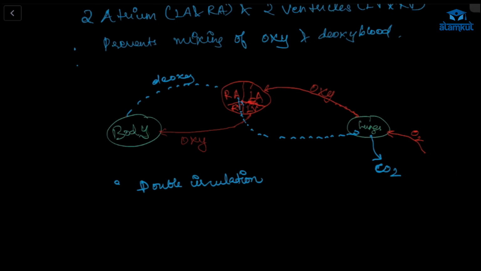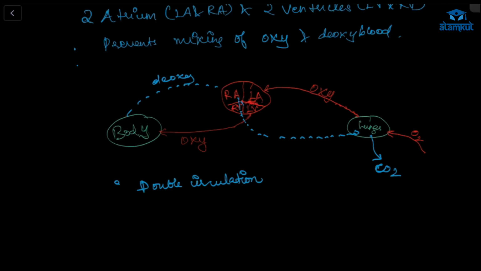And from there, what will happen? The body parts will utilize that oxygen, and they will give out carbon dioxide, and so that blood will take up the carbon dioxide, and it will become deoxygenated blood, right?